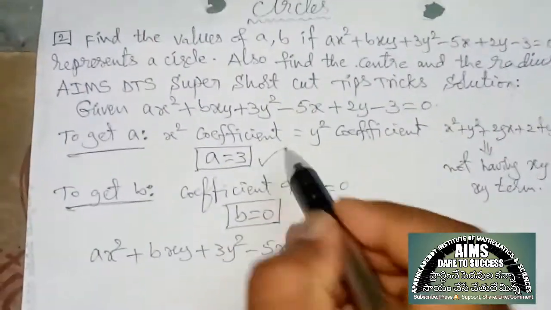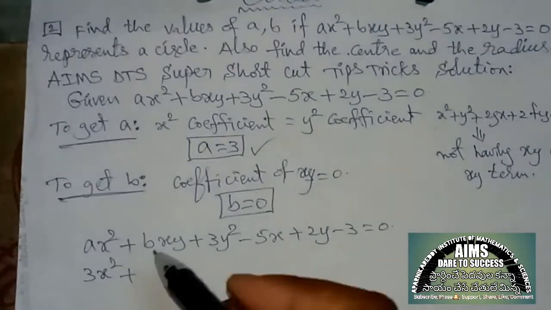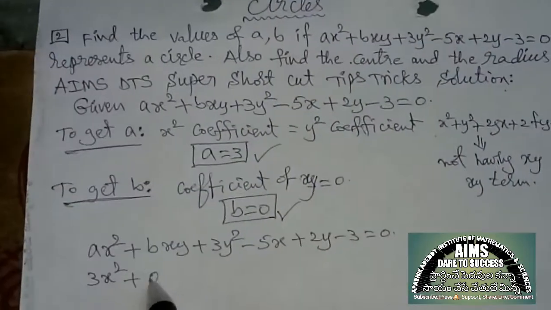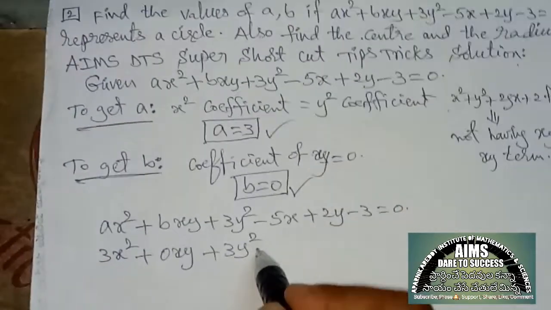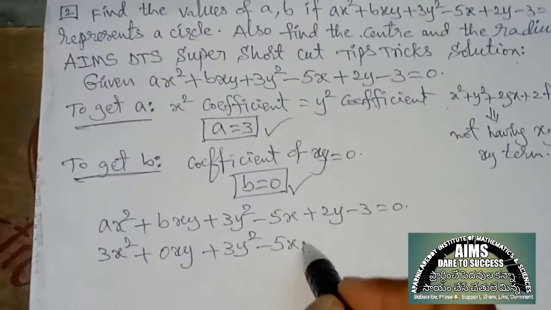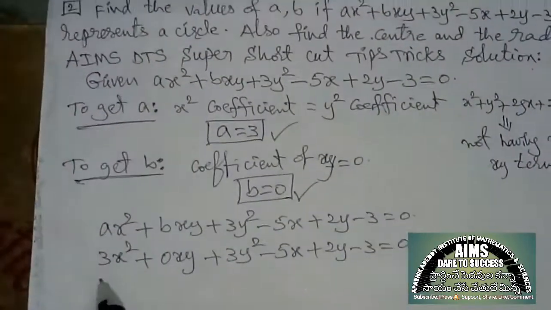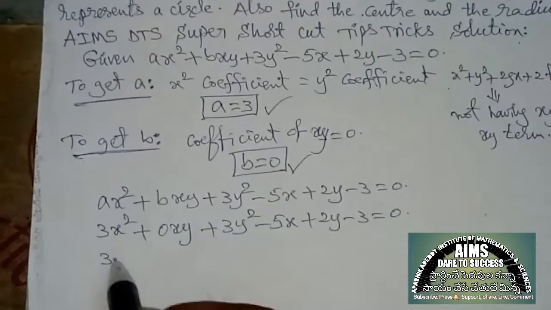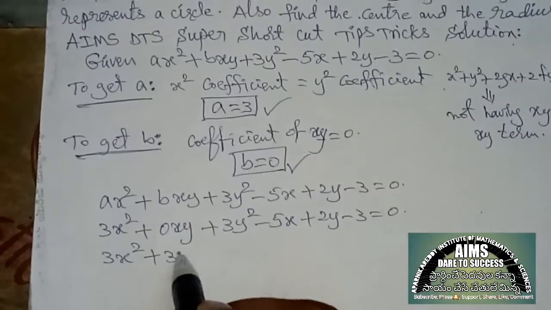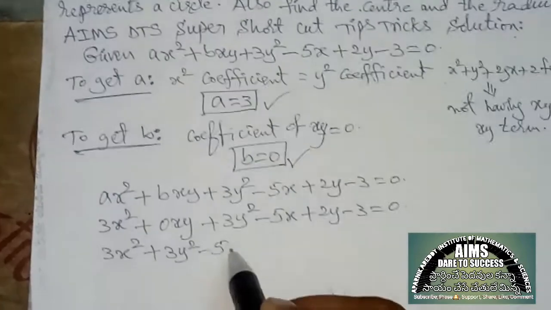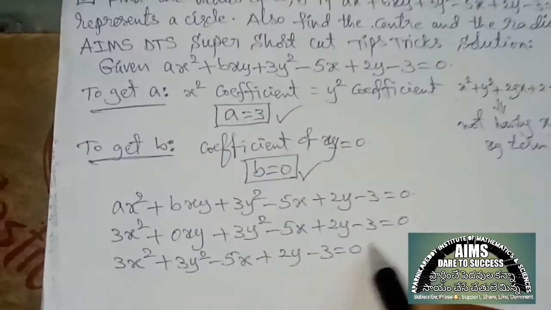So we got a value, substituting here: a is 3, x square, plus b is 0 into xy, plus the remaining value will be same, 3y square minus 5x plus 2y minus 3 is equal to 0. This is 3x square, 0 into something is 0, no need to write, plus 3y square minus 5x plus 2y minus 3 is equal to 0.